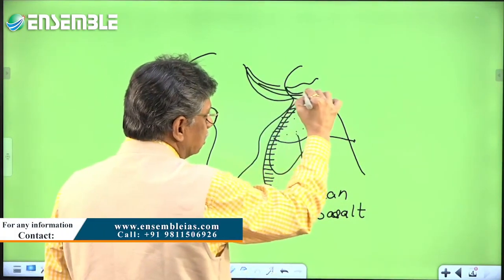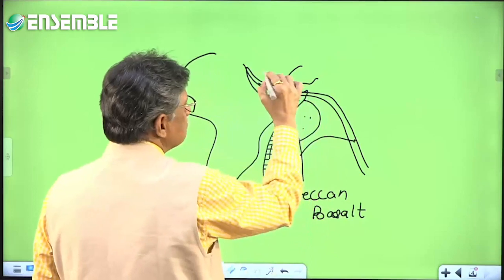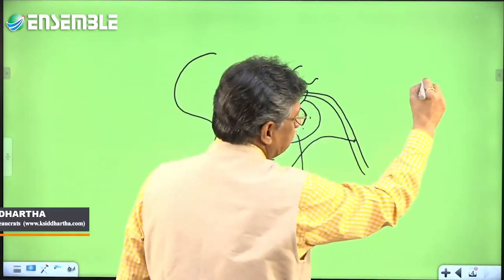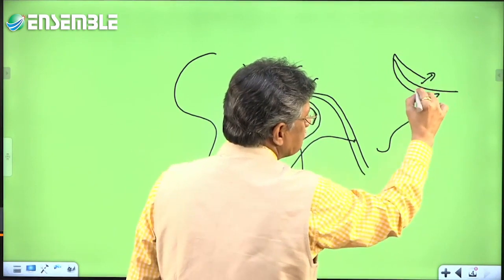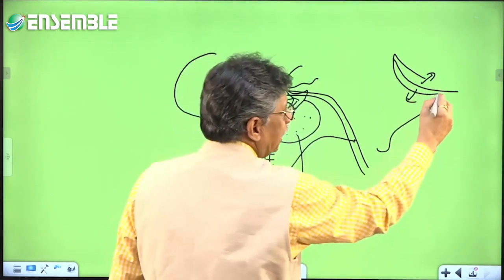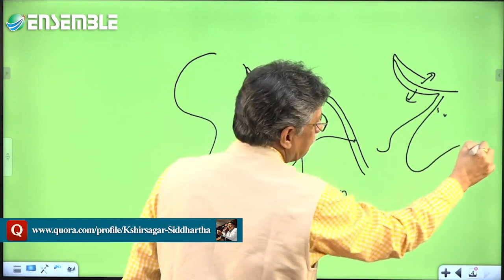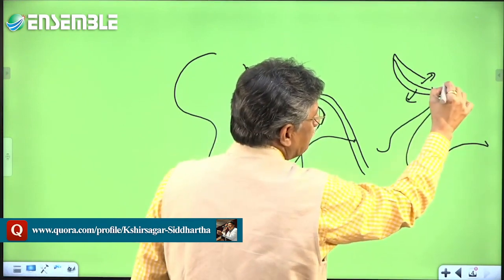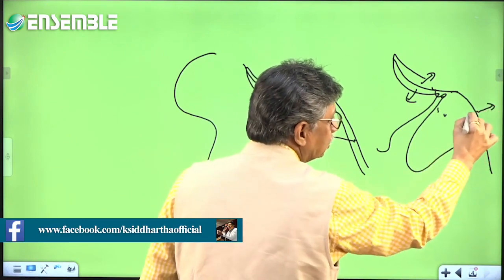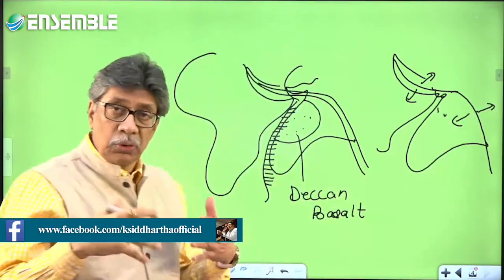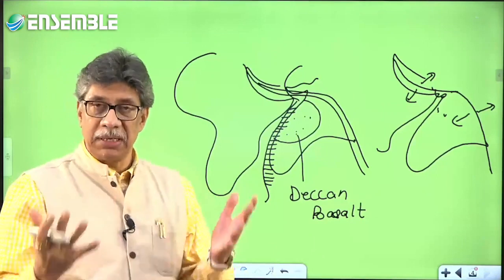Now, India got separated in this manner. Along this region, this was a crack along which Africa got separated. For example, the separation of Africa was along this region. And this is where India was. So there was a crack that passed through India also. And along this region, India should also have got separated.